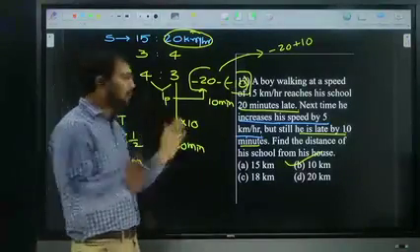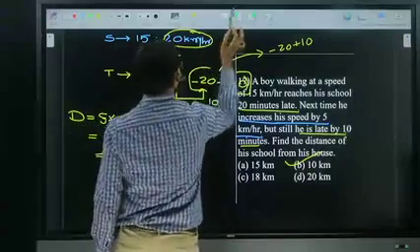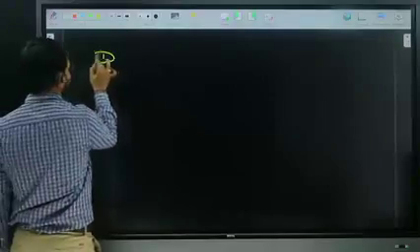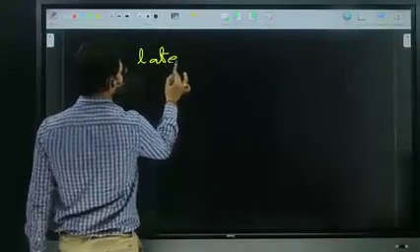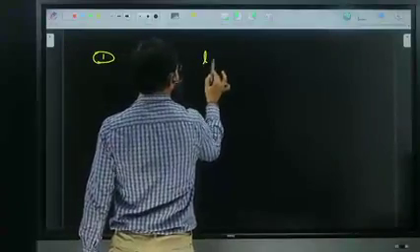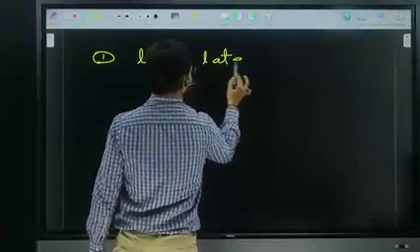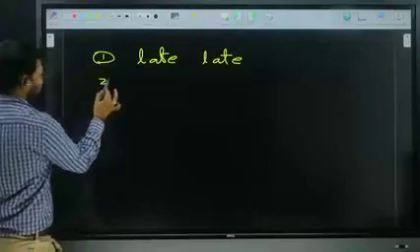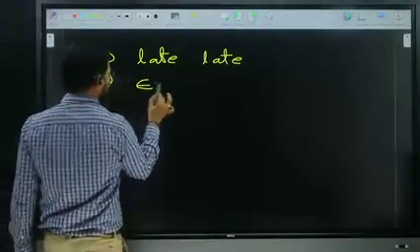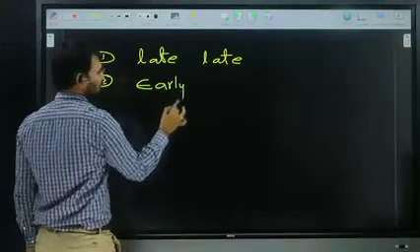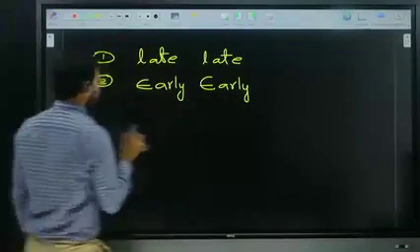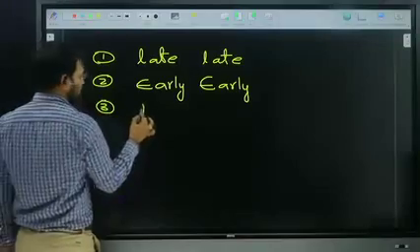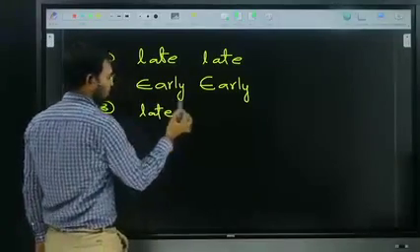The same type of question, they may ask in 4 different ways. The first case is late to late. The second possibility is early to early. The third possibility is first time late, second time early.